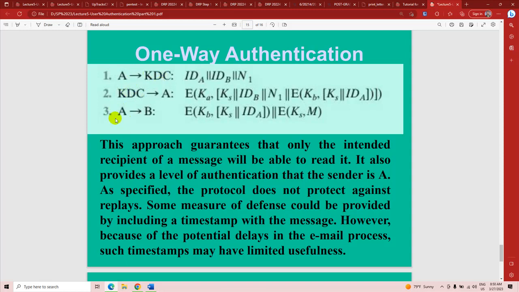Now what is it going to do? A is going to send a message. This message is the email. That email is encrypted using the session key KS.